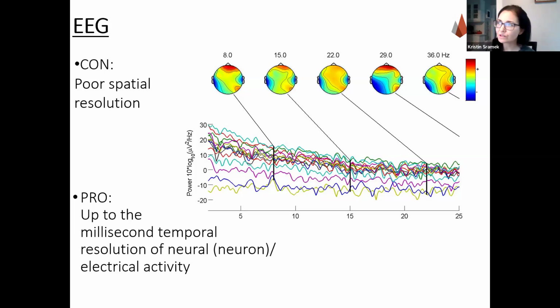So we can generally see that there's frontal lobe activity happening at 8 seconds and 15 seconds, right? There's more red occurring there. And then it dissipates around 22 seconds and comes back again around 29 seconds. But it's not real specific. It doesn't give us a tremendous amount of detail in terms of spatial resolution or spatial acuity. So really great for temporal resolution, not good for spatial resolution.